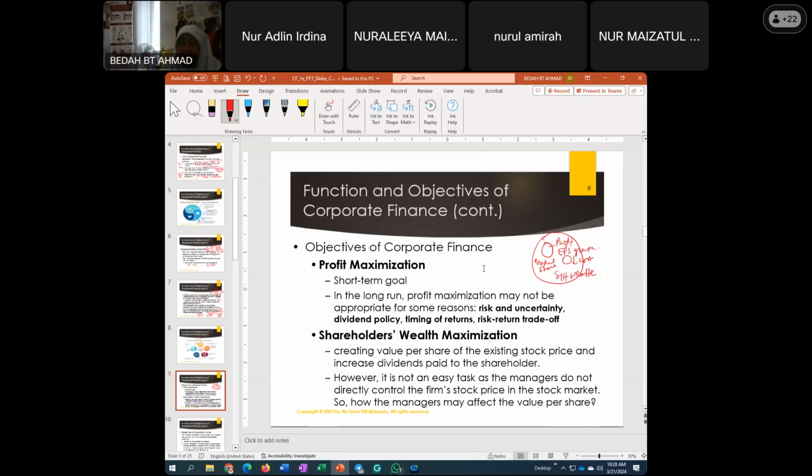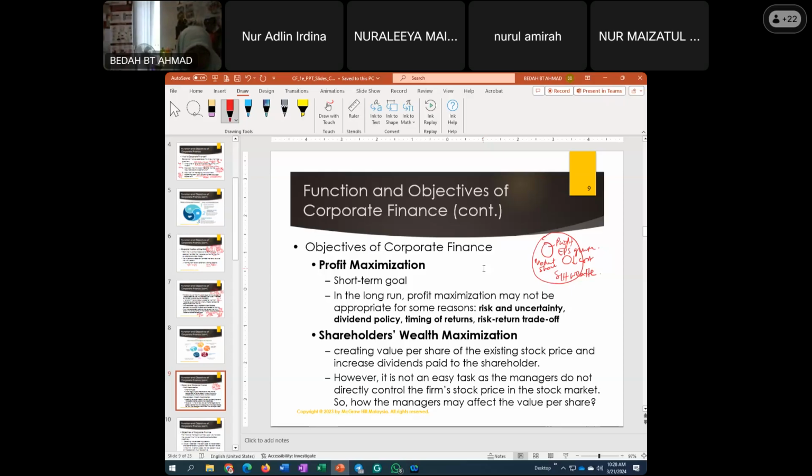This means that if the company decides to use its retained profit as future investment for an expansion project or to venture into a project, of course they have to reduce the dividend payout ratio, or the company may not pay dividends at all because they want to use that profit for reinvestment. So this is not in the best interest of the shareholders who are expecting the dividend, especially the dividend gainers.